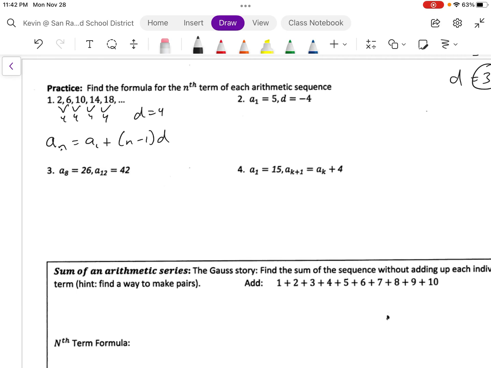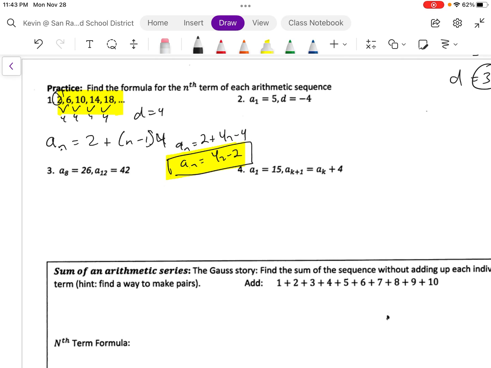So let's put those values in here. a sub 1 is 2, and then d is 4. So a sub n equals 2 plus 4n minus 4. So a sub n is 4n minus 2. This would be the formula for the nth term of an arithmetic sequence. This sequence, that's the formula for the nth term.